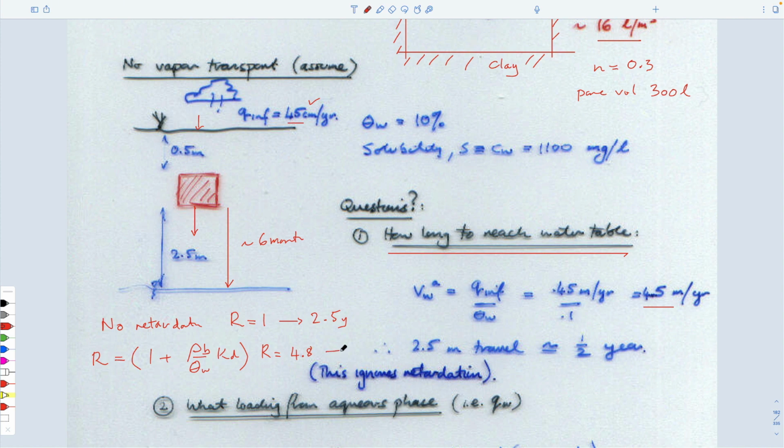And if that's the case, then if it's retarded by a factor of 5, instead of being unretarded, it would travel 5 times slower. So I guess this would be 12 years. What's this? That's not right, is it? 2.5 meters a year equals 0.5 years. And so if it's a retardation of 5 rather than 1, then this would be 2.5 years. Right?